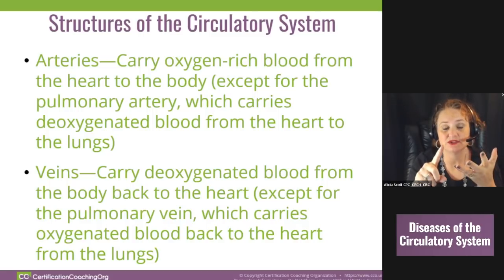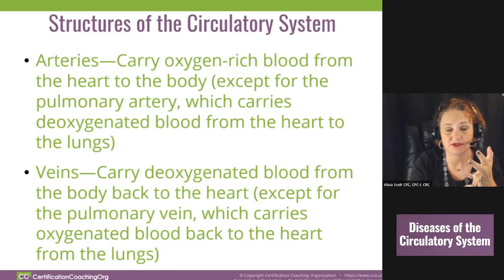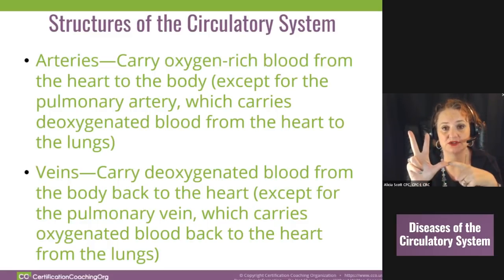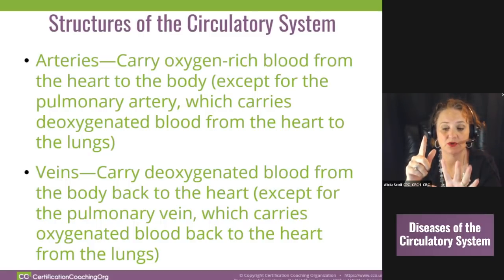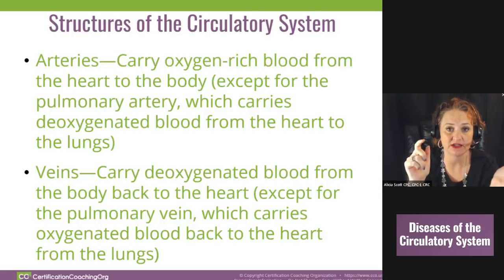Arteries go down to arterioles, and then down to capillaries, and that's where the chemical exchange happens. And then from the capillaries, it'll go to the venules, and then it will go to the veins.